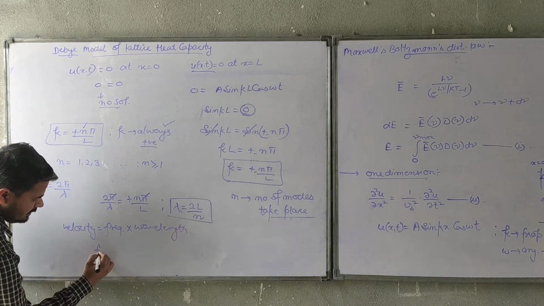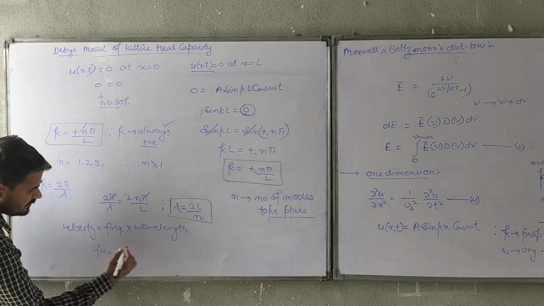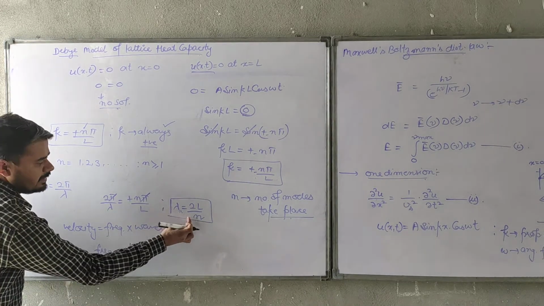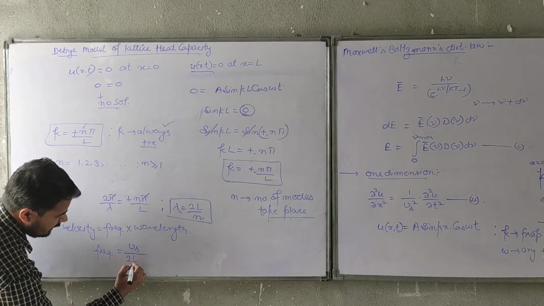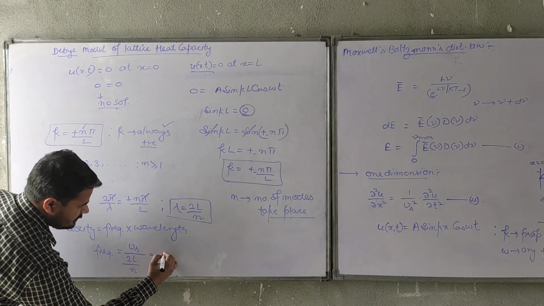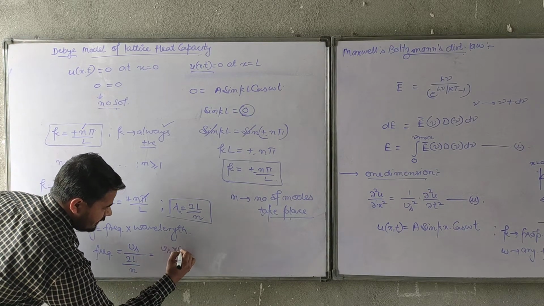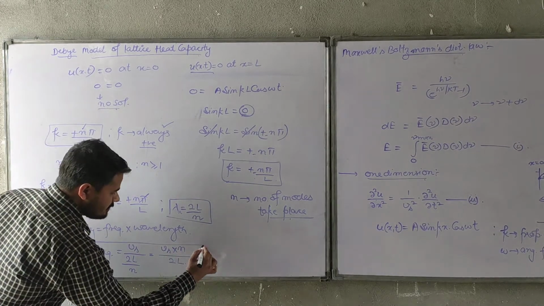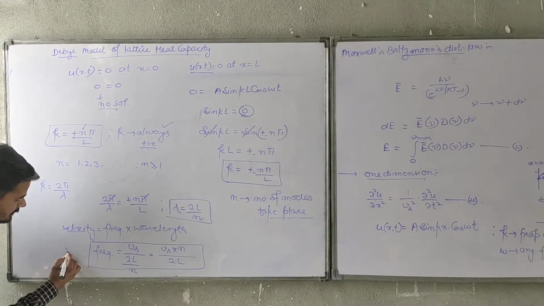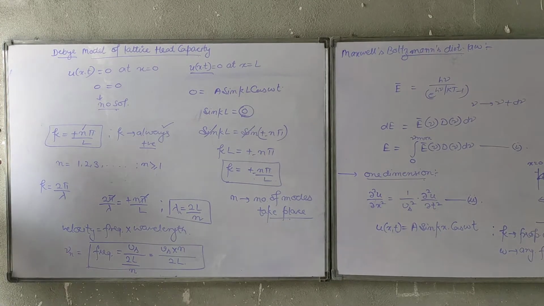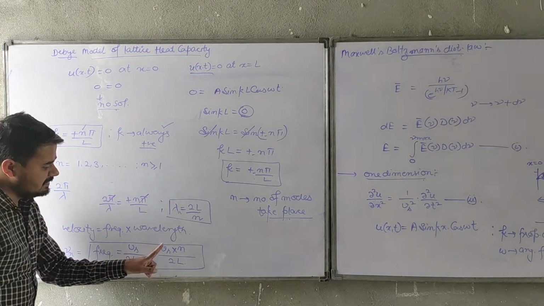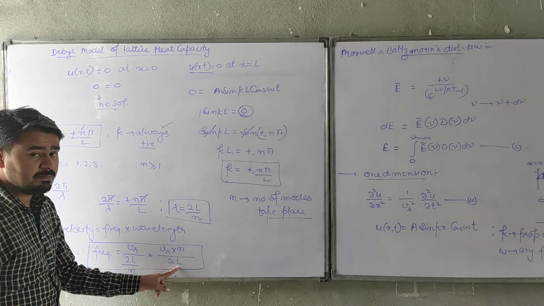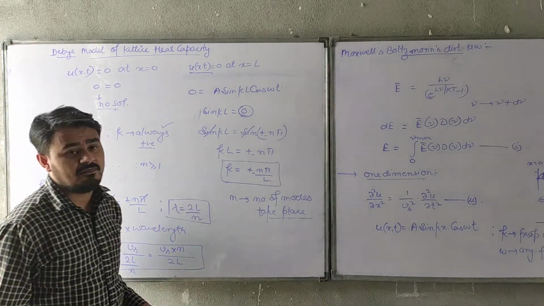Therefore, frequency is equals to velocity of string, that is say Vs, divided by wavelength. And what is wavelength? That is 2L upon n. This will be equals to Vs into n upon 2L. Again, this corresponds to the frequency at a particular number of modes, so that is n, which is directly proportional to the number of modes n and inversely proportional to the length of the string.